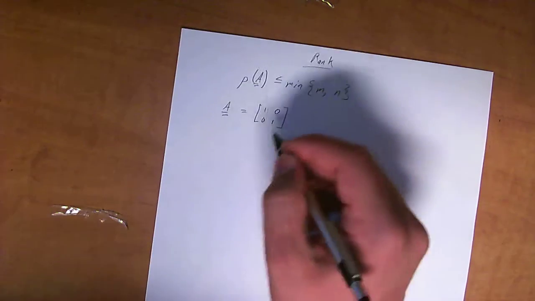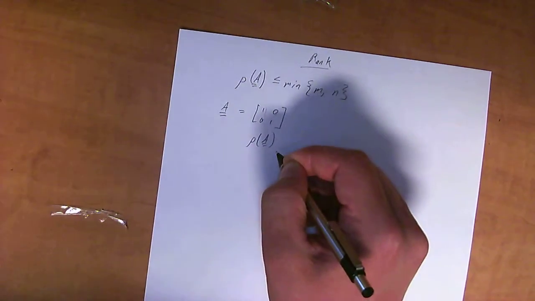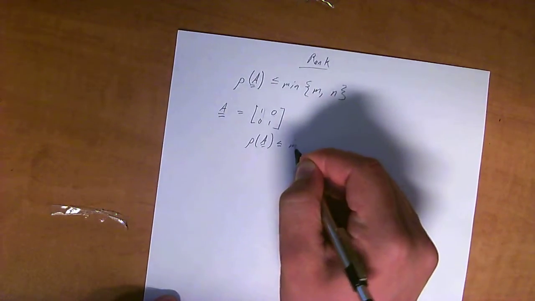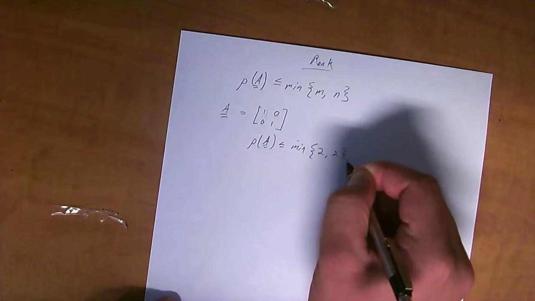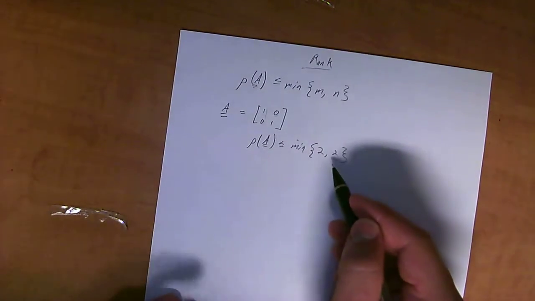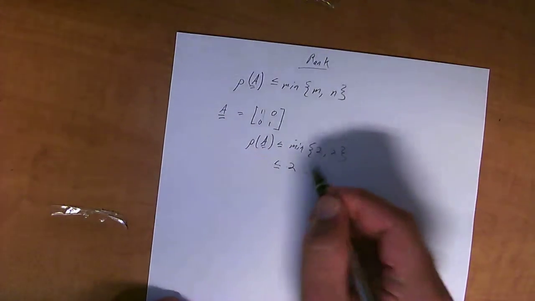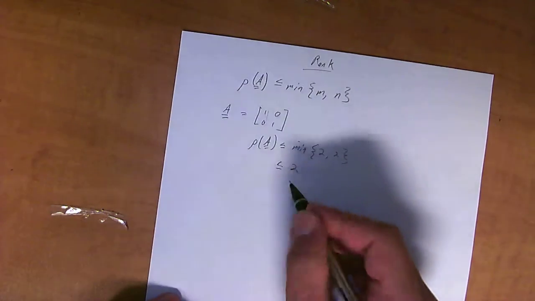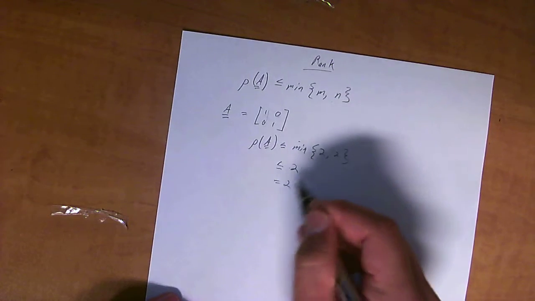But the rank of A as it sits up there, 1, 0, 0, 1, is less than or equal to the minimum of 2 by 2, because it's a 2 by 2 matrix. So 2 by 2 is the smallest one. So the rank is going to be less than or equal to 2, because that's the smallest value. But since both of these are linearly independent, it's going to be equal to 2, because there's no value smaller than this.